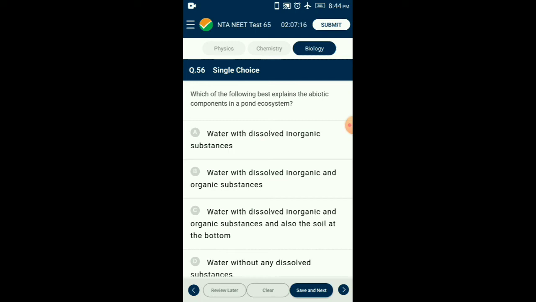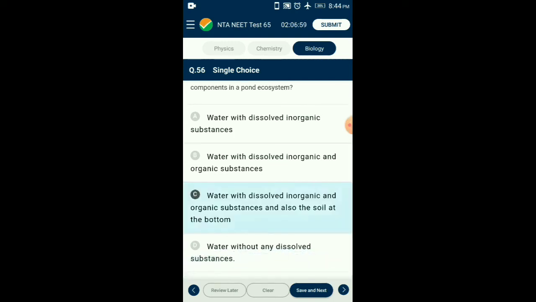Consumers: zooplanktons, the free swimming and bottom dwelling forms. Decomposers: fungi, bacteria and flagellates, usually abundant at the pond bottom. Pond is a self-sustainable unit. So the answer for this question is option C, water with dissolved inorganic and organic substances and also the soil at the bottom.